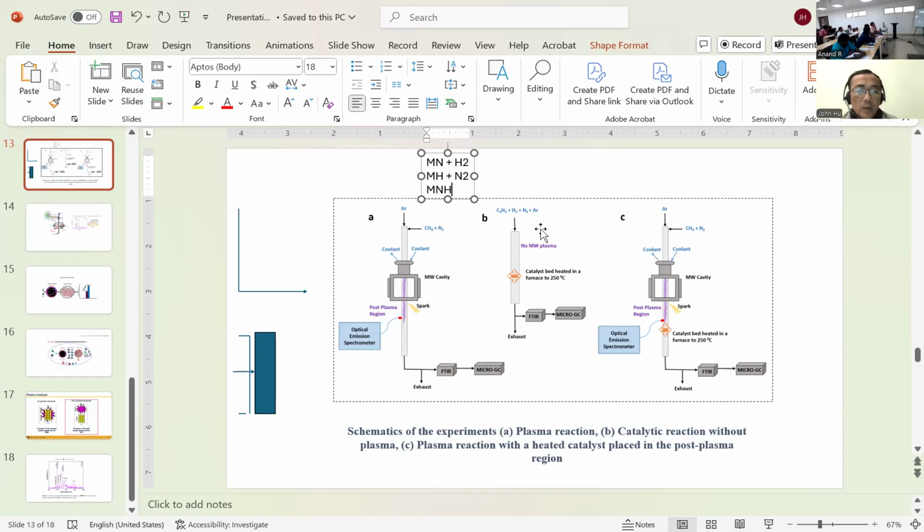Say it again. Yeah, MNH: M represents the metal, this complex, and the N means nitride, H hydride. There's a Japanese group that did this. Basically, they built a nitride hydride in one assembly. I had one slide on the second day. I think I talked about it; probably you didn't catch what I said.